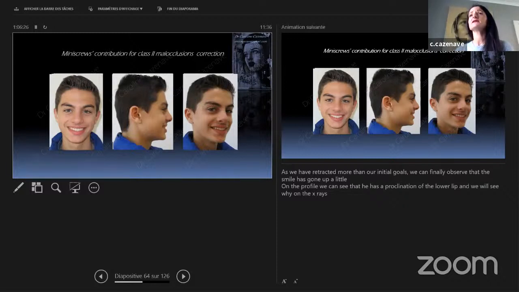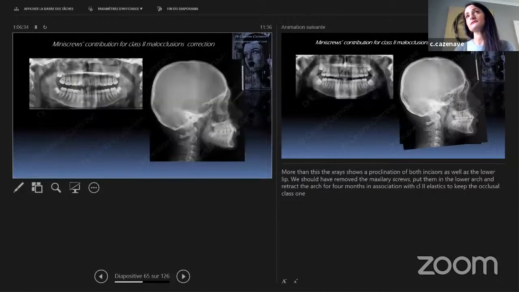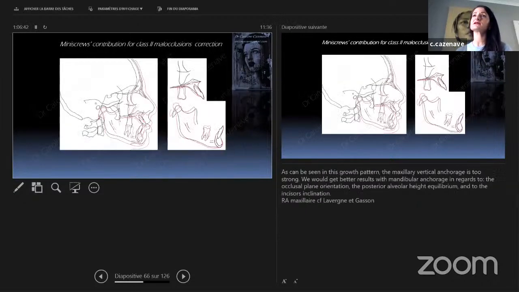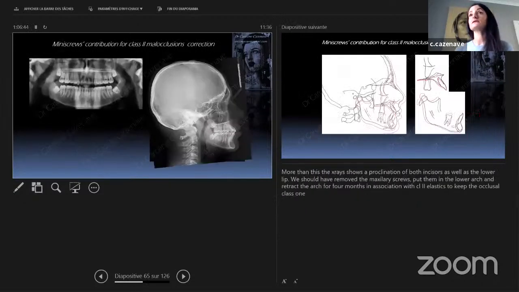On the profile, we can see that he has proconation of the lower lip, and we will see why on the X-rays. More than this, the X-rays show proclination of both incisors, as well as the lower lip.